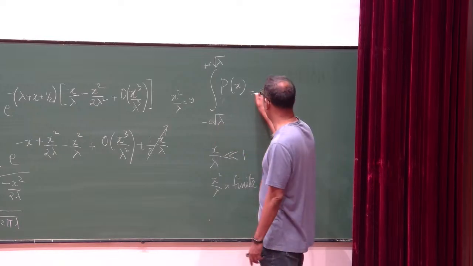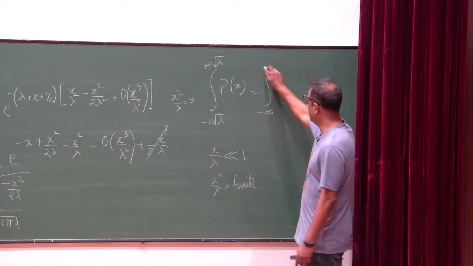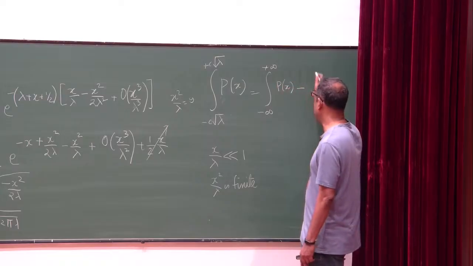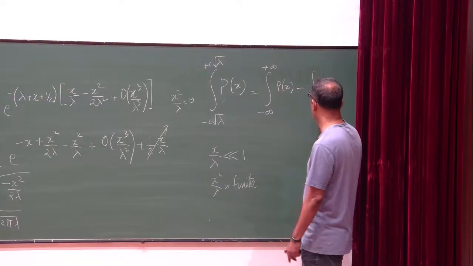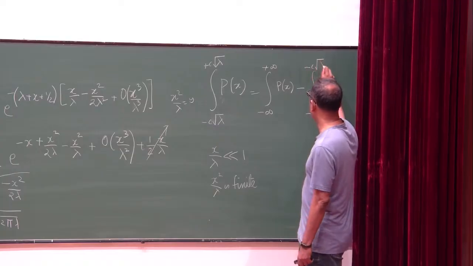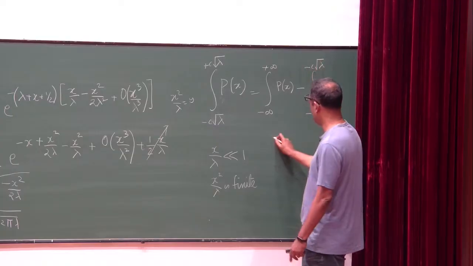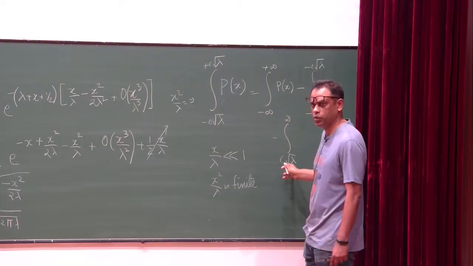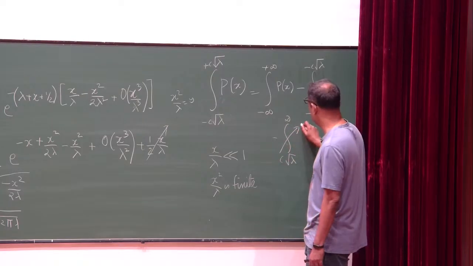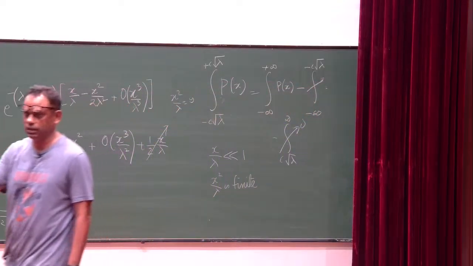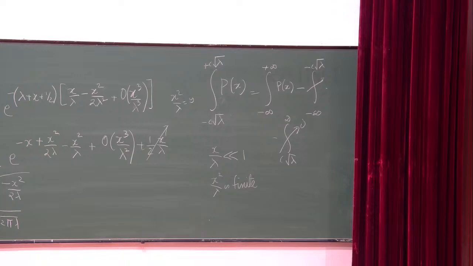So this is equal to minus infinity to plus infinity p of x plus minus some correction terms, which are from minus infinity to minus c root lambda and from c root lambda to infinity. This you will be able to show actually goes to 0 when lambda goes to infinity. This you should be able to show.